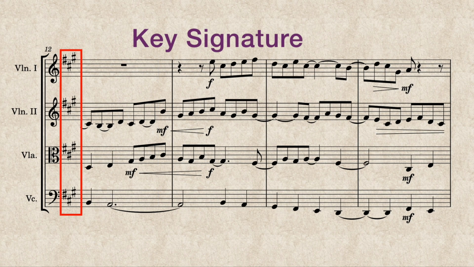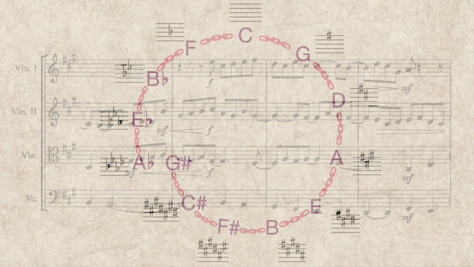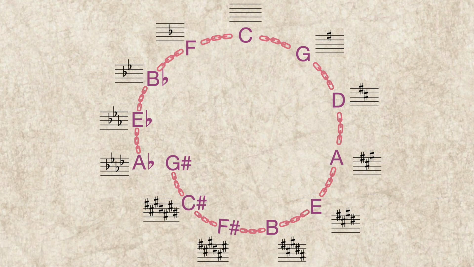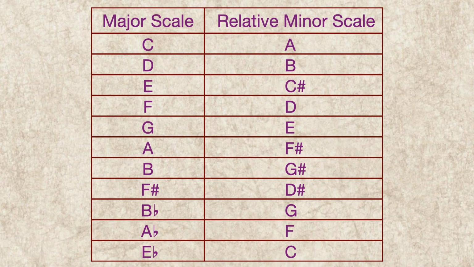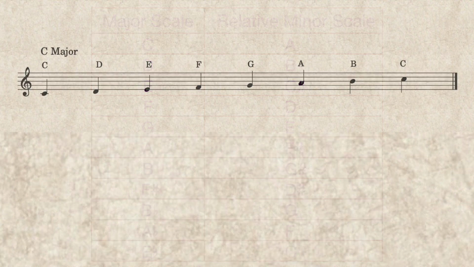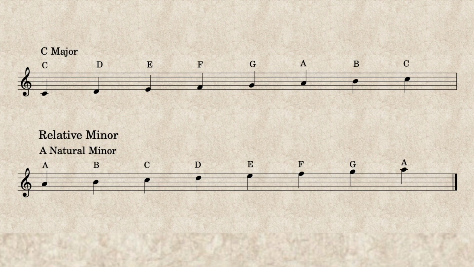The accidentals in key signatures appear in a sequence of perfect fifths as they do in a circle or spiral of fifths. Every major scale in the tonal system has a relative minor scale and vice versa. In the case of C major, A is the relative minor and both scales have no accidentals in their key signature.